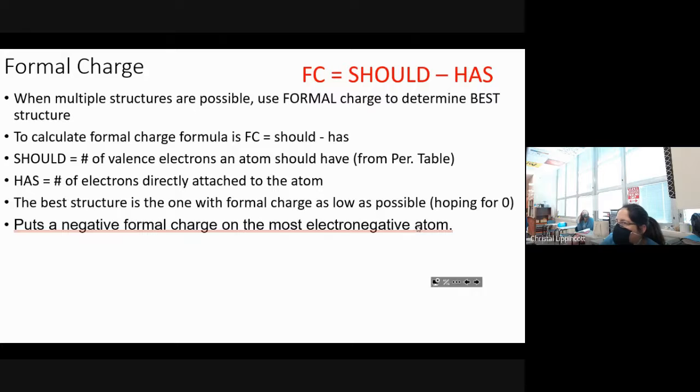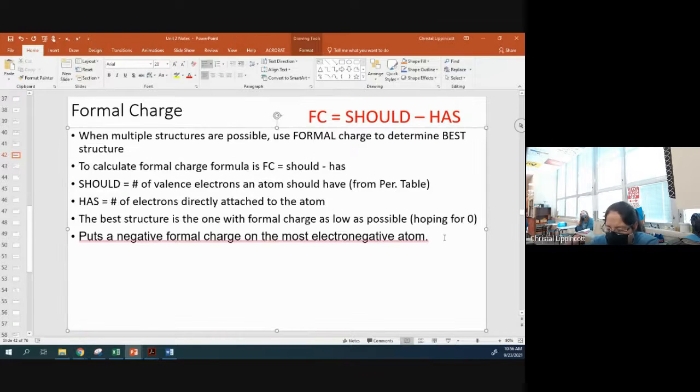Okay? Now, when we do a has, we count a bond as 1 instead of 2 electrons like we normally do. When we're doing formal charge, the bond only counts as 1 electron. I should write that in.